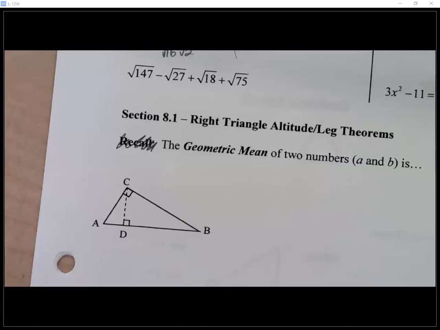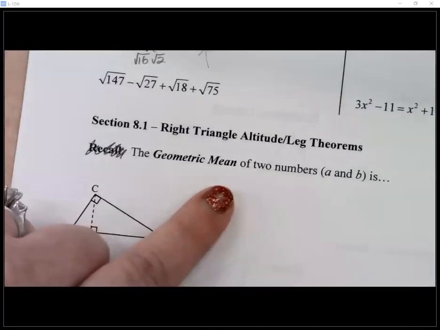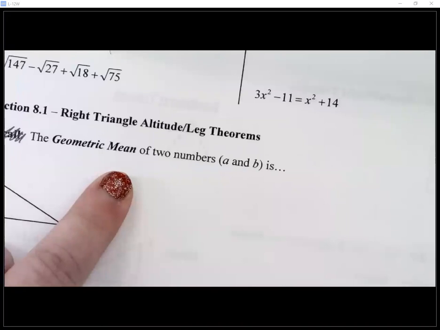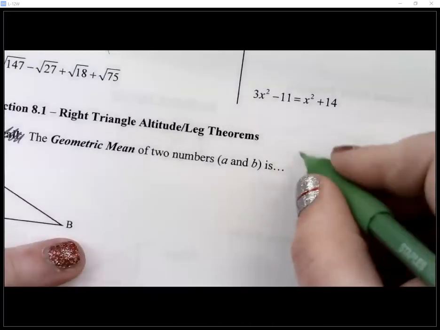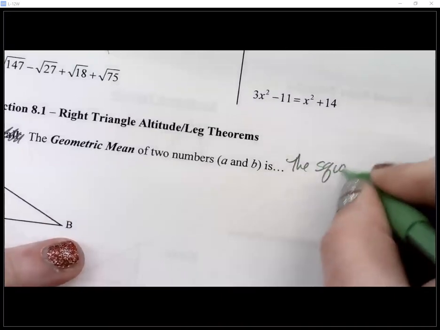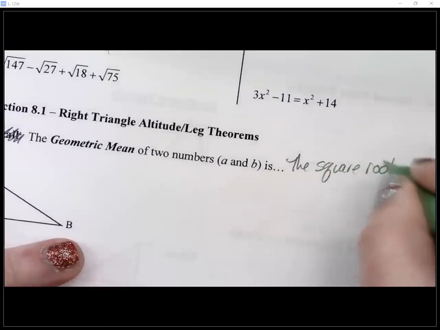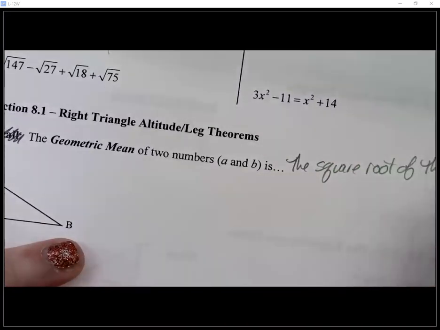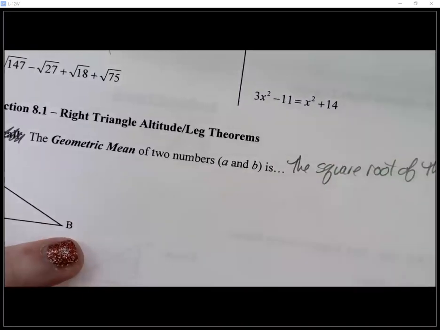Okay, so that's kind of what geometric mean is. So let's fill in these dots right here. The geometric mean of two numbers A and B is the square root of their product.